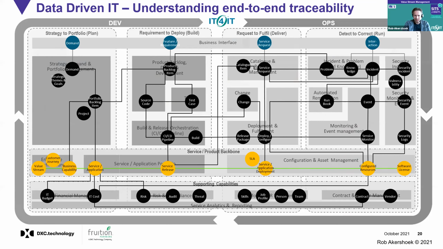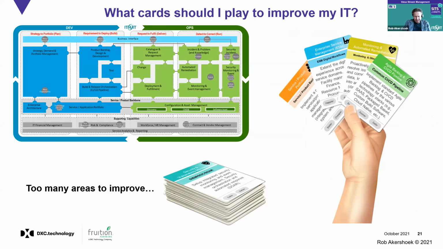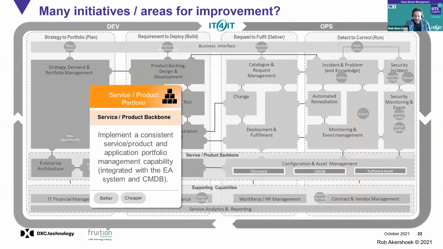Now, before we zoom into the essential value streams, I would like to show you what most organizations are currently doing. So maybe organizations have a picture like this and they know exactly what they want to improve. So typically how most organizations work today is they say, okay, we have a problem with our service portfolio backlog. So we're going to invest in this and start to improve it.